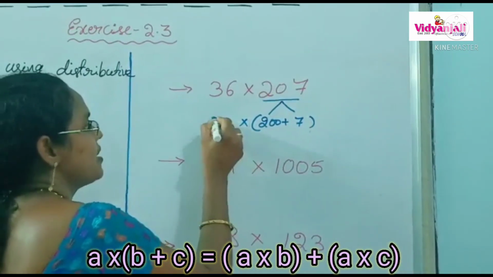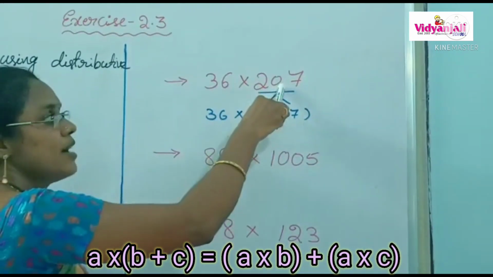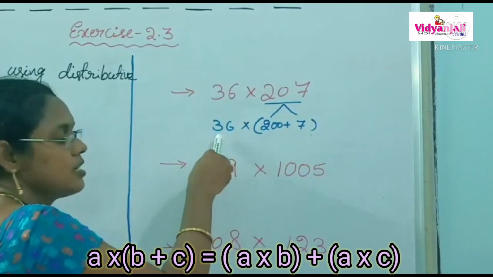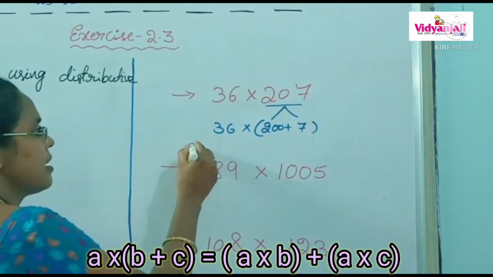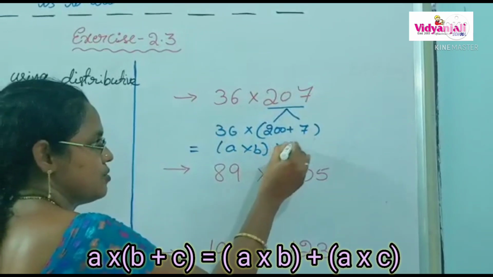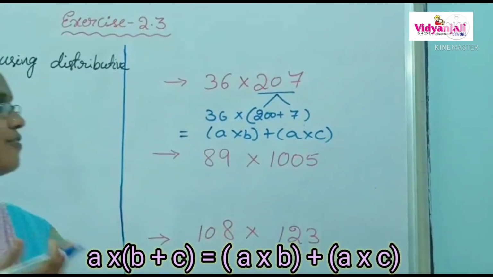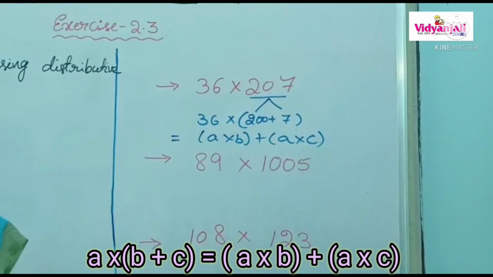I hope you understood. Now you see it is like A into B plus C. Now, we can apply A into B plus C as A into B plus A into C. If you tell me the formula along with me, you can feel that it will be easy, children. Say as many times as possible.